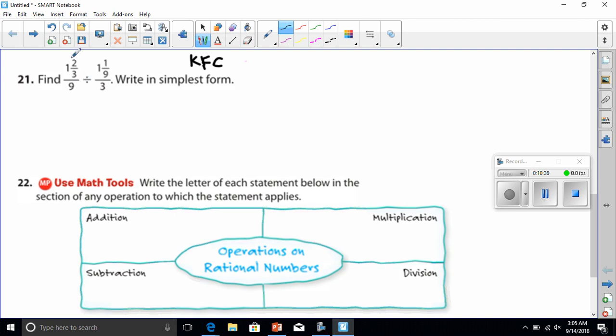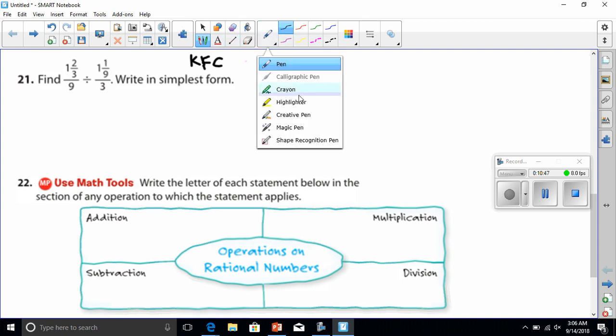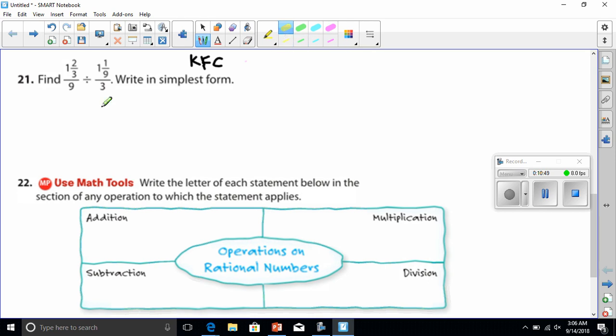Every fraction is really a division problem. So our first division problem is going to be right here, and I'm going to highlight it for you. Our second division problem is going to be right here. So let's work our first one first.